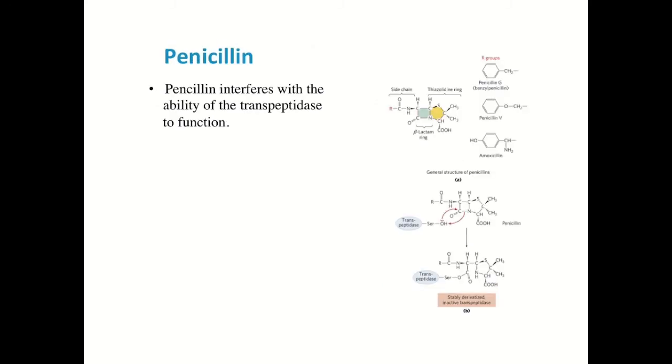The way penicillin works is that it interferes with the ability of the transpeptidase to perform its function. So this is a picture of penicillin here, and the transpeptidase, in particular the hydroxyl group of the serine residue, attacks the penicillin instead of performing its normal function, and then when it does that, a derivative is formed which is inactive.